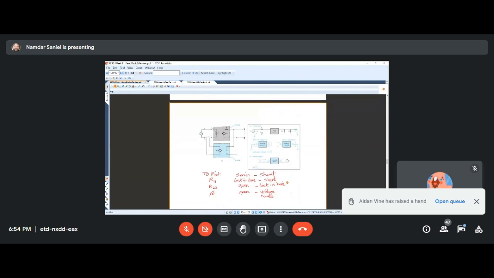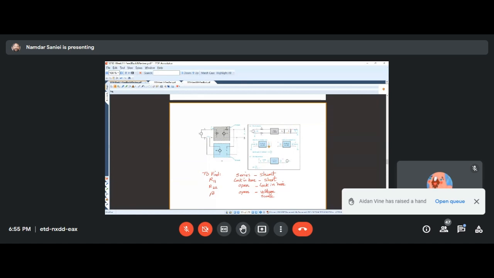Also, we related the name of the topology, series shunt, series, whatever, to a way of finding R11, R22, and beta. So for R11, we look into port 1, right? What am I supposed to do with port 2? Well, if it is on the output side, it says shunt, then we need to short it.